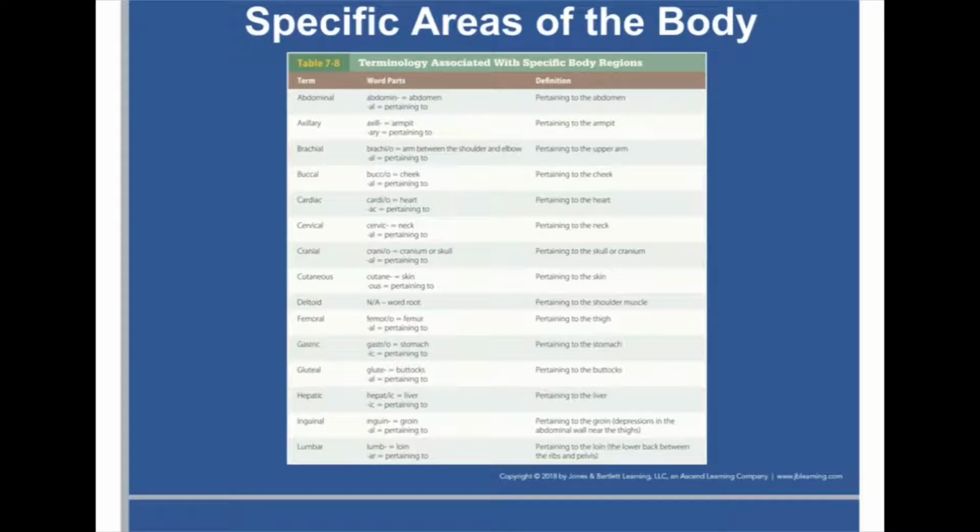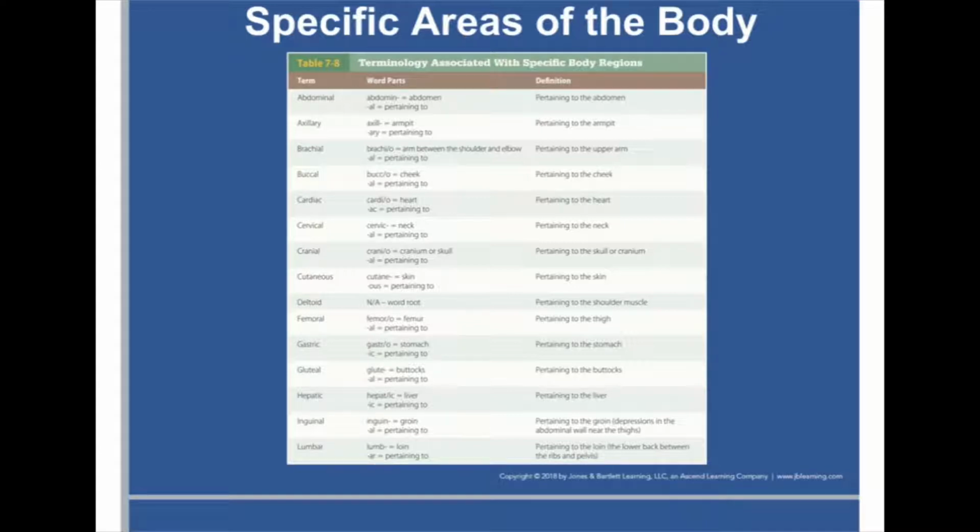So here's a list of the specific areas of the body that you should be aware of. Honestly, you probably already know these terms. You may just not have realized that you know this, or been able to put these terms into this category. So we're trying to give you this category of terms that describe areas or locations in the body.